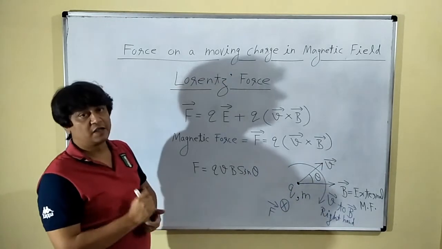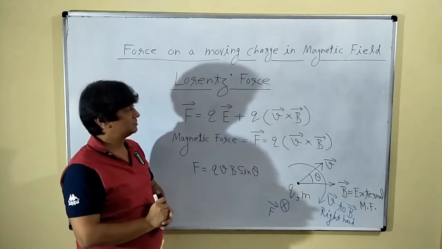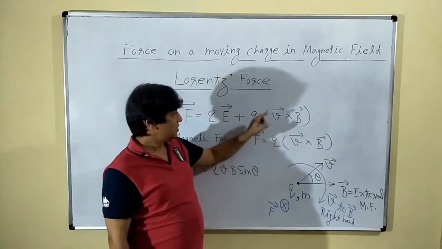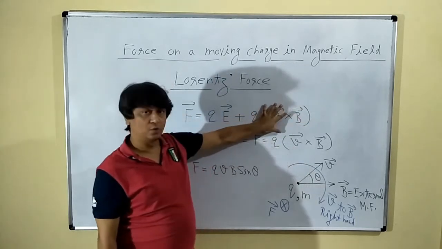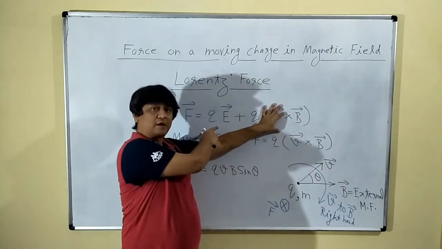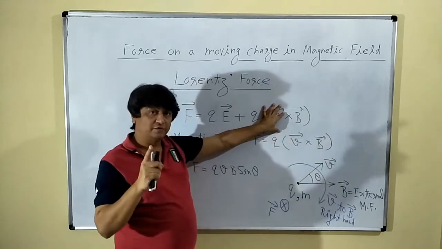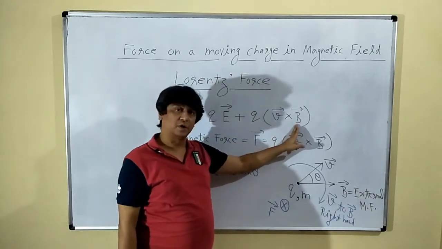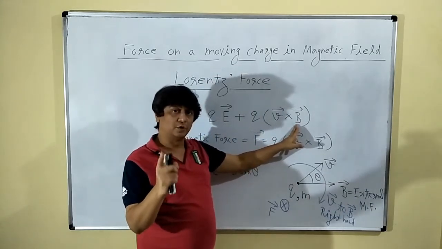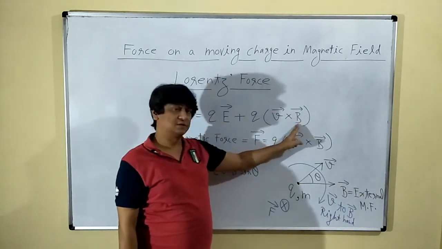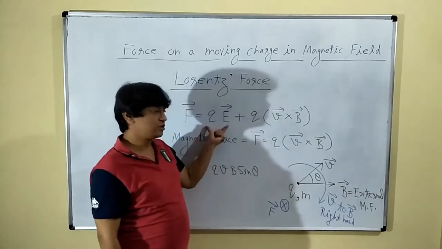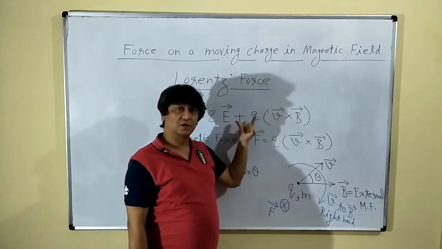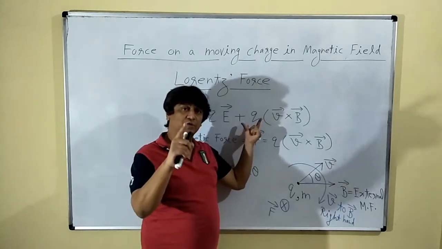You can see that if the charge is at rest, V is 0, then the force will be only due to the electric field. But if the charge is moving and both electric field and magnetic field are present, then the force will be due to the electric field as well as the magnetic field. That is always so, but the magnetic force acts only when the charge is moving. Write this down as the second point.